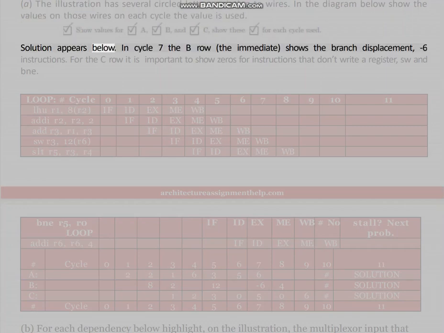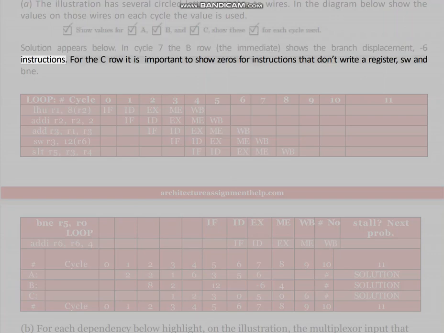Solution appears below. In cycle 7 the B row, the immediate, shows the branch displacement, -6 instructions. For the C row it is important to show zeros for instructions that don't write a register, SW and bean.